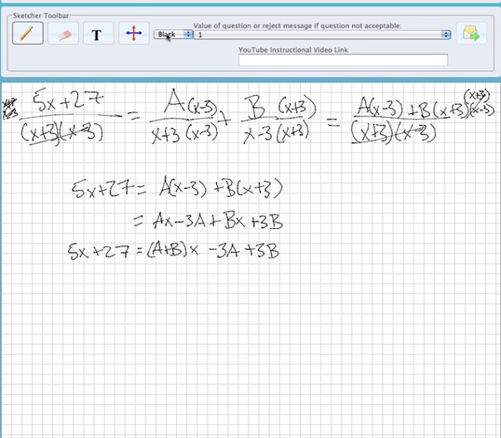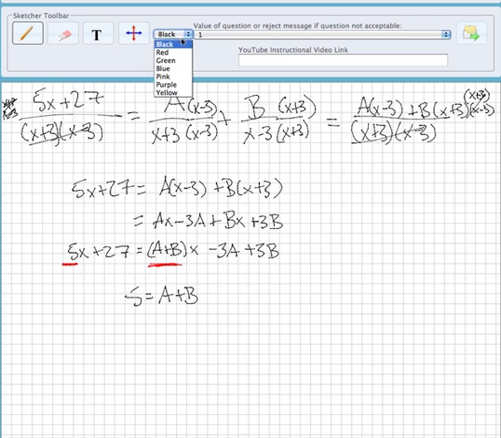And we're going to break this up into two separate equations. To do that, we're going to set the coefficients of the x's on each side of the equation equal to each other. So that's a plus b and 5. Those are the two coefficients in our equation. So 5 equals a plus b.